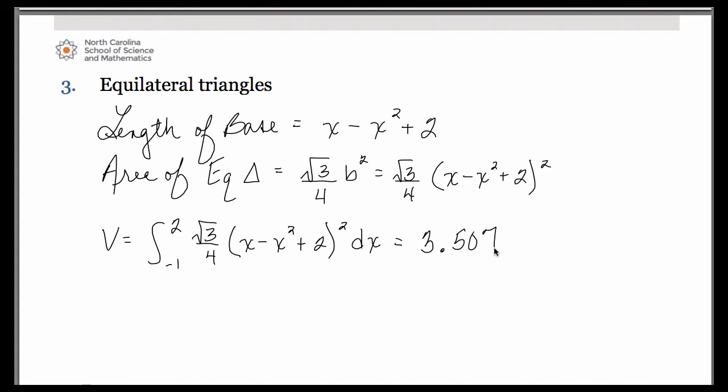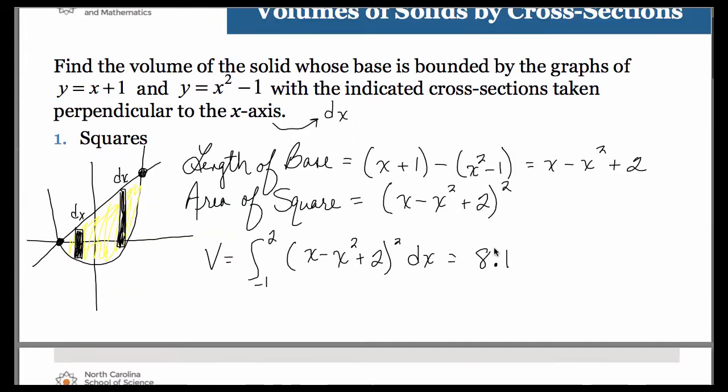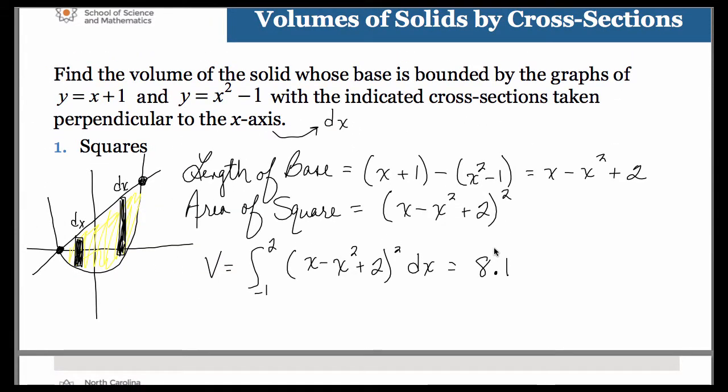Now, an interesting thing to note, notice that part of this integral is really what we had back here when we did the volume by using square cross sections. So this is kind of interesting.